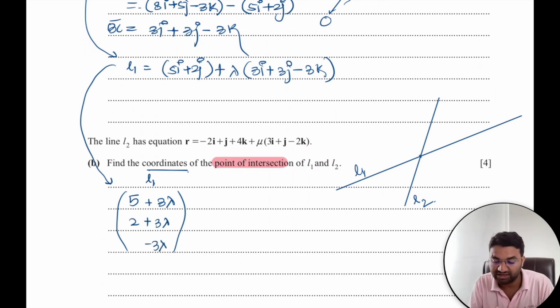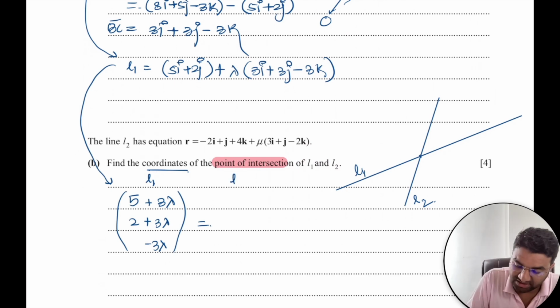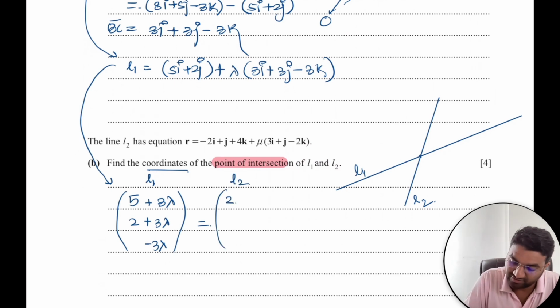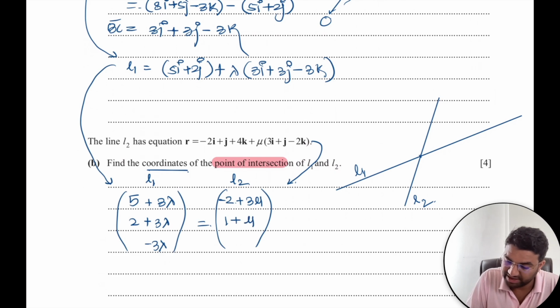For L2, from this equation, x is negative 2 plus 3 mu, y is 1 plus mu, and z is 4 minus 2 mu.